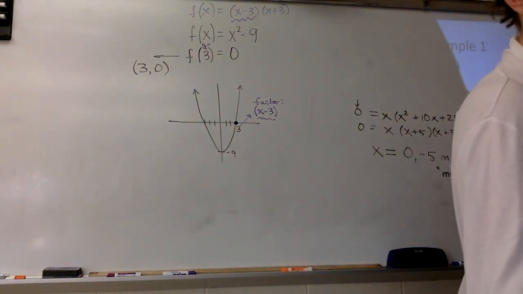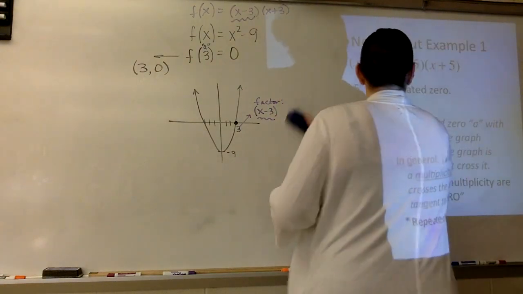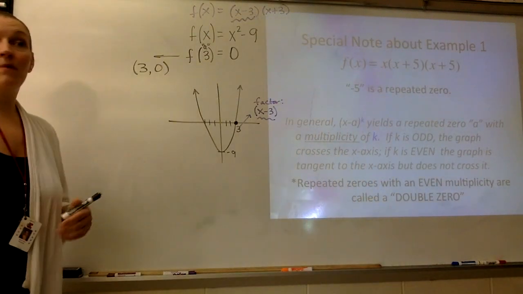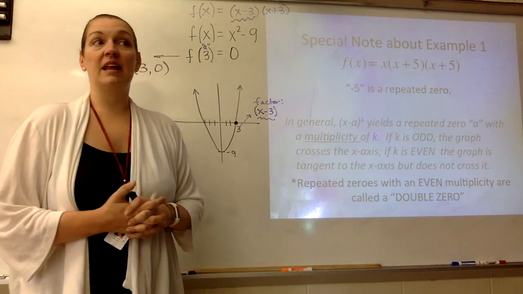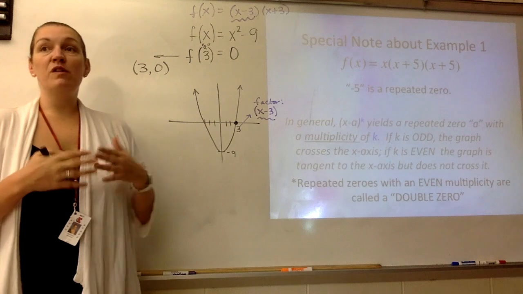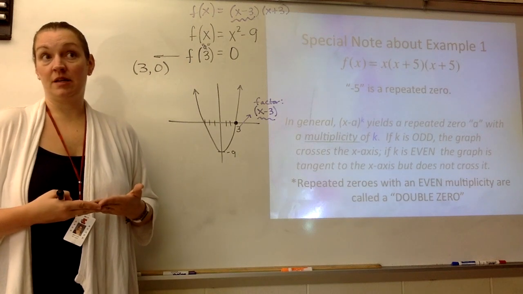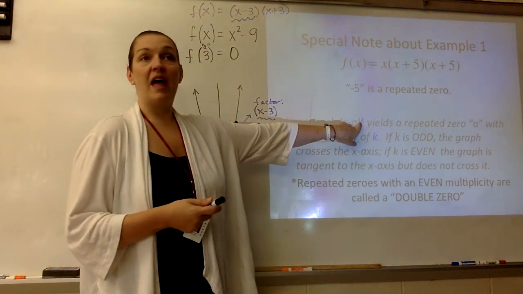All right, now, we talked about repeated zeros, but what I just went through verbally is right here on this slide. So those of you that go back or review this video, this is going to be here. I'd like you to read it also. In general, if you have a quantity that is repeated when you factor, you can rewrite it with an exponent.